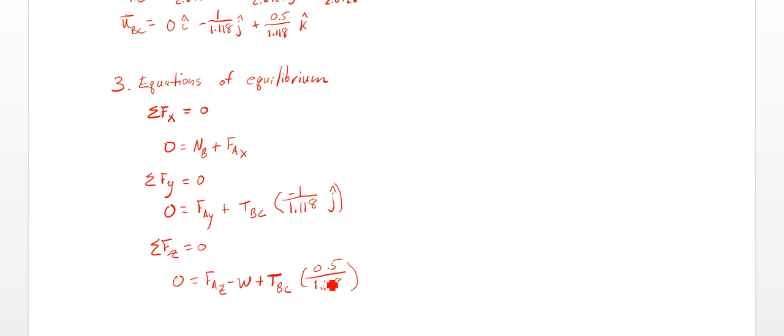What's the other equation of equilibrium? Our moment, right? So we can add the sum of the moments around A has to equal 0. And so what is that going to be? 0 equals the moment around A due to the weight plus the moment around A due to the normal force B plus the moment around A due to the tension in BC.